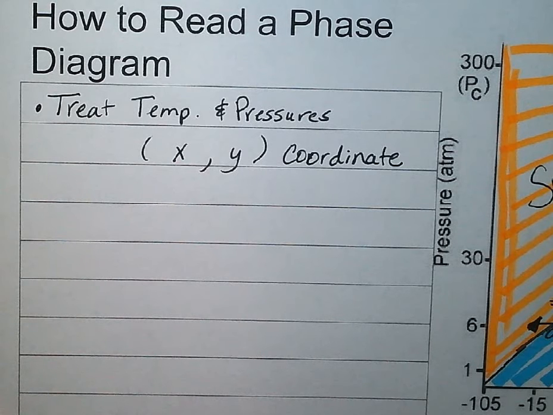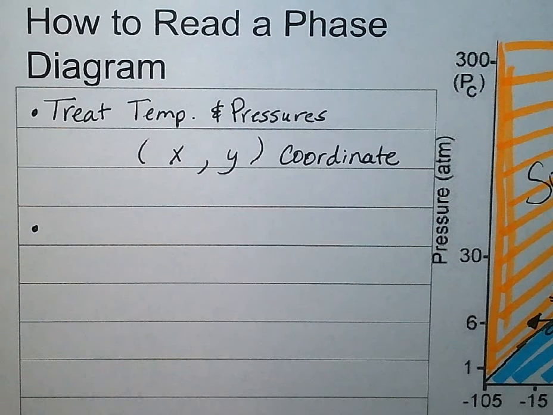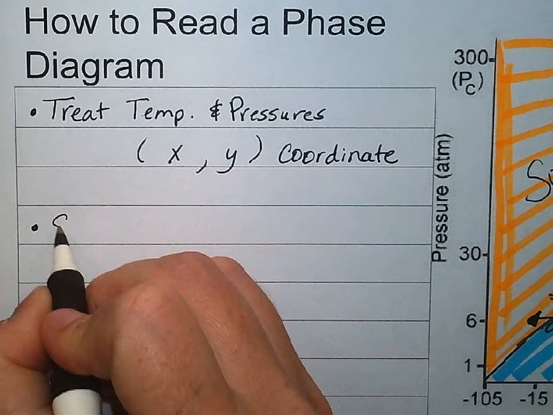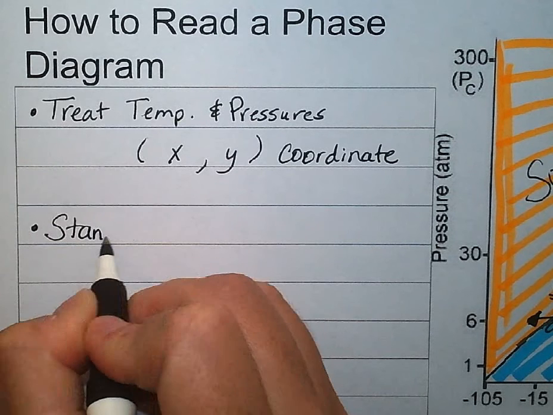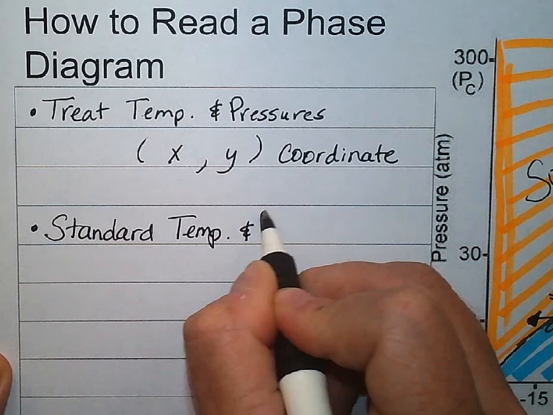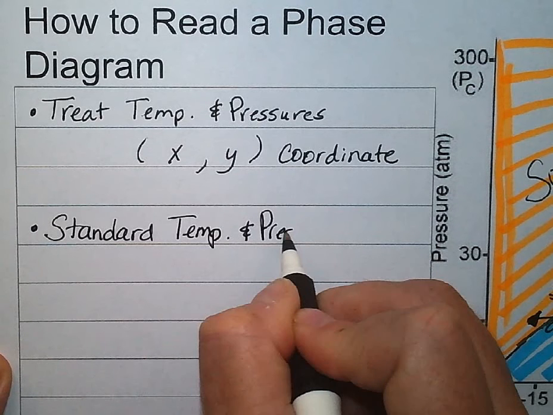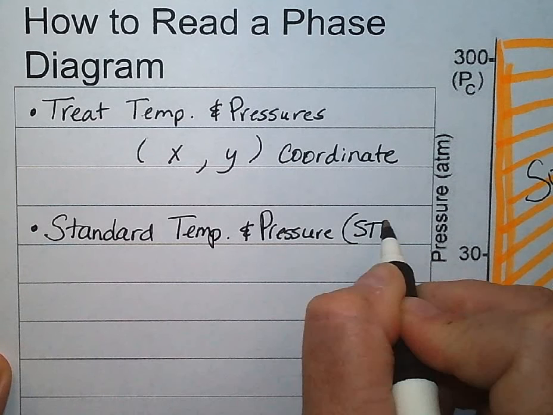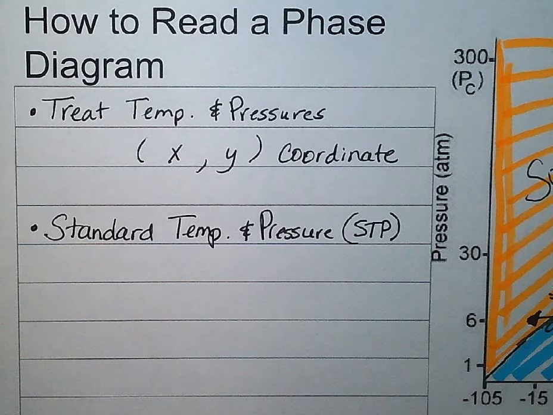Now the next thing that we need to put in here is something about standard temperature and pressure, sometimes called STP. You have a standard, so they might ask you a question on a practice page that says, what state of matter or what phase of matter is this substance in at standard temperature and pressure?